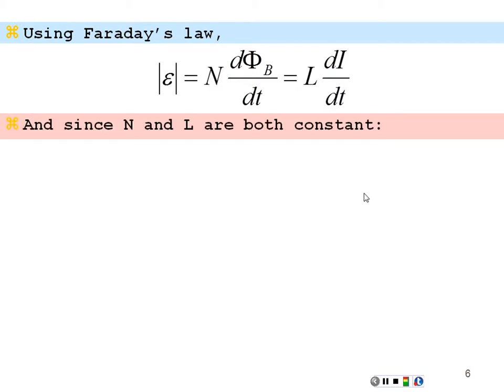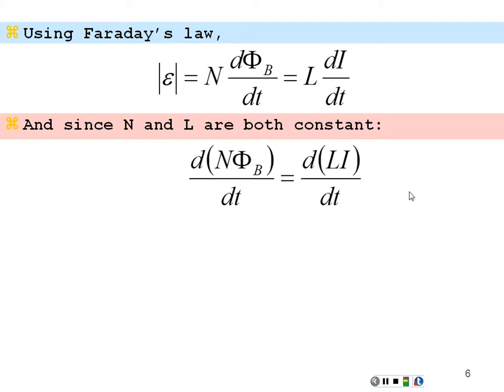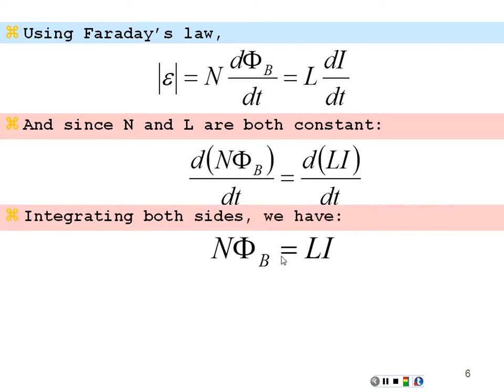Well, the number of turns and the inductance are both constants, so we can actually put them into the derivatives, and we would have the derivative with respect to time of N times the flux through one turn is equal to the derivative with respect to time of L times I. Integrate both sides, and we have that the total flux, the number of turns times the flux through one turn, is equal to the inductance times the current.